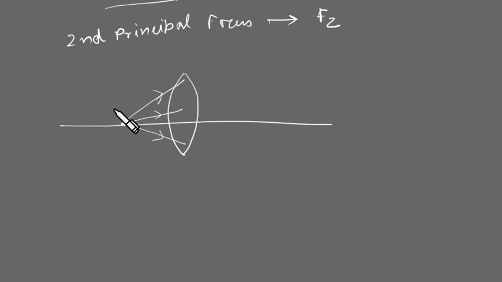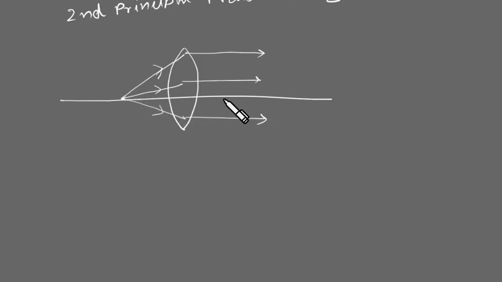Now if there is a point from where a diverging beam comes and after getting refracted by the convex lens becomes paraxial, that means parallel to the axis, such a point is called the first principal focus.